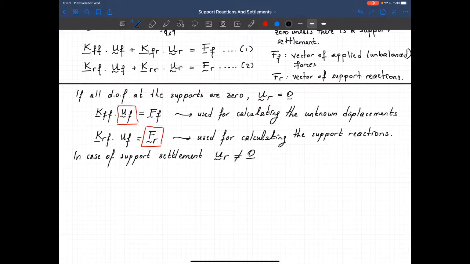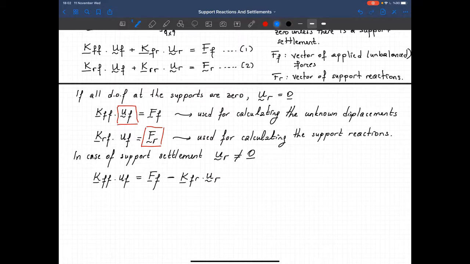So we have the following equation. KFF times UF is equal to the vector of unbalanced forces minus KFR multiplied by UR.